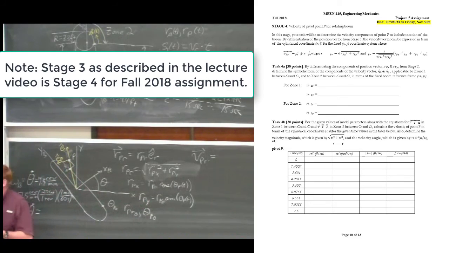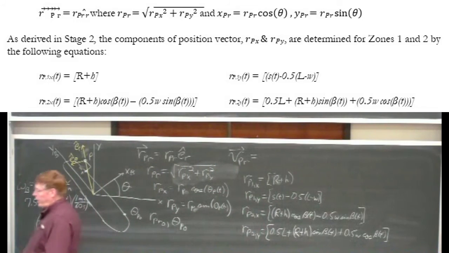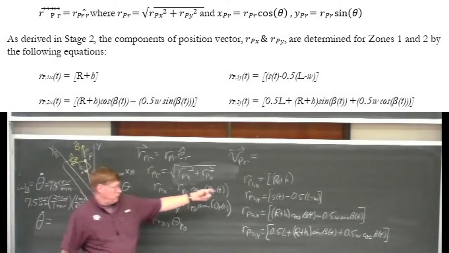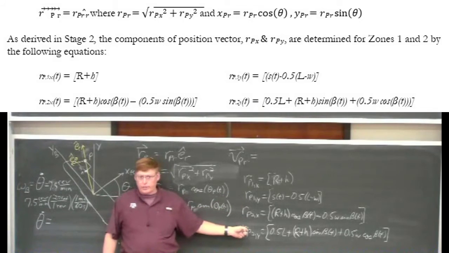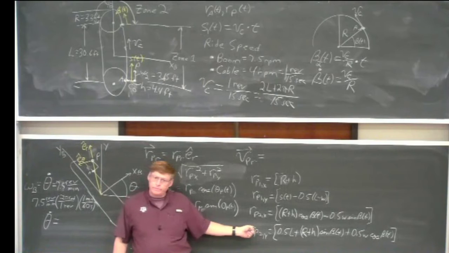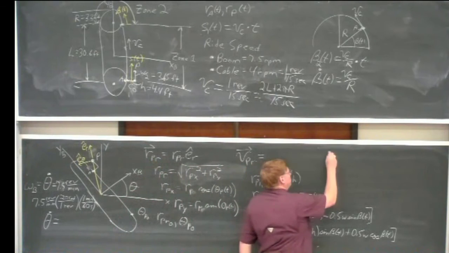So when you came back to, let's go ahead and go back to here. So for task 3A, for each of these zones, take the time derivative of these expressions. Okay? I'm going to have to write it up a little bit higher here.